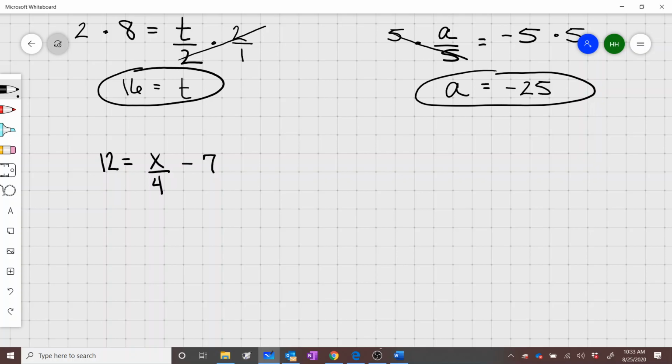So again, we're isolating the variable. We're getting it by itself, so we're going to add 7 to each side. And 12 plus 7 is 19. And 19 is equal to x over 4.